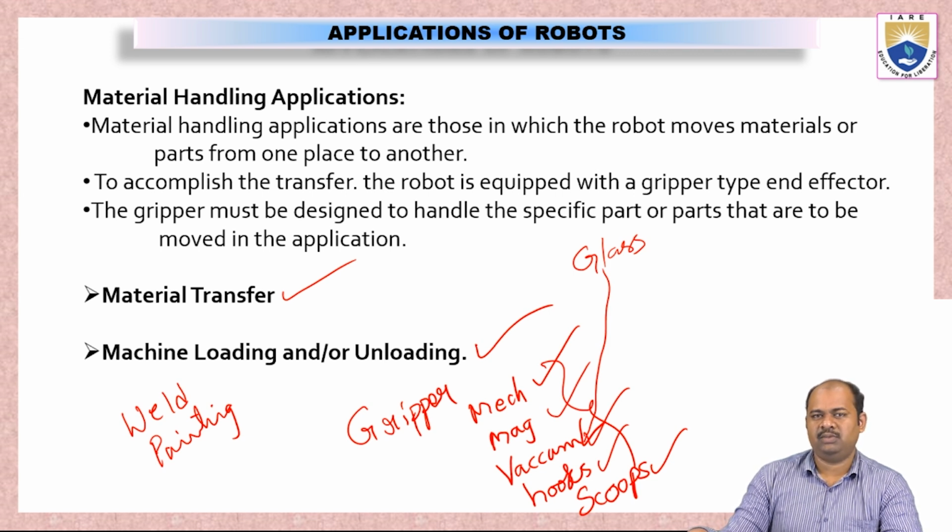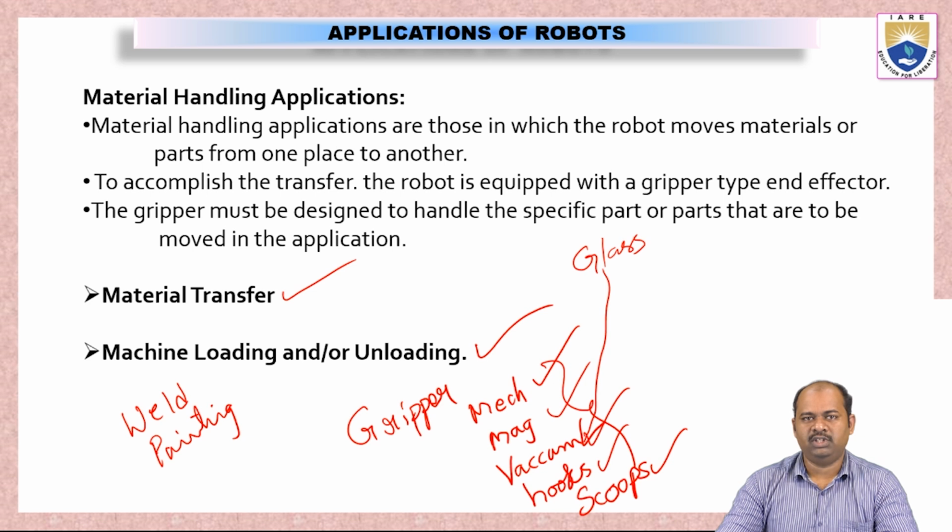These suction cups are connected to a vacuum compressor where the air inside the cups can be easily removed, and as long as the suction is there, the object will be held within the suction cups.